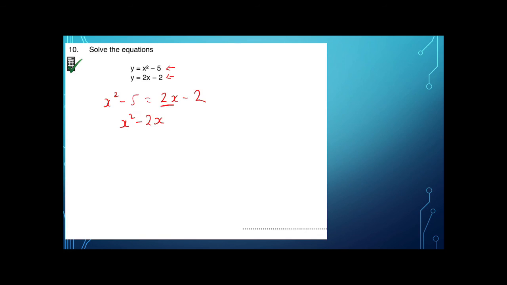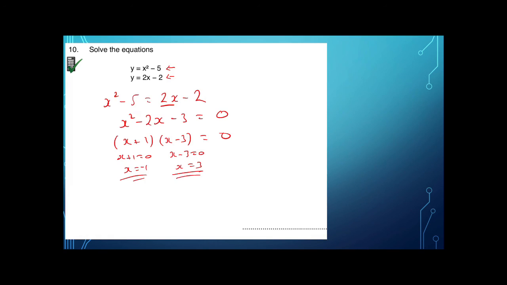So we subtracted 2x from there. We need to add 2, gives 3, equals 0. x and x, negative 3 and positive 1. That means x plus 1 is equal to 0, x is equal to negative 1, x minus 3 is equal to 0, so x is equal to 3.